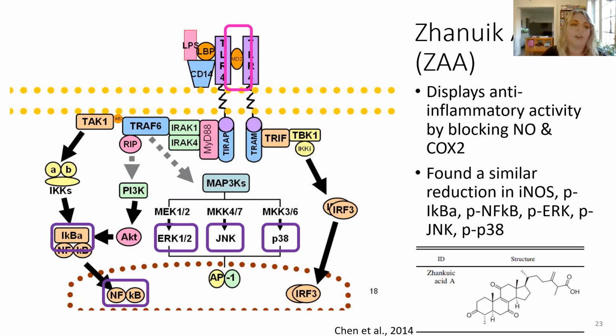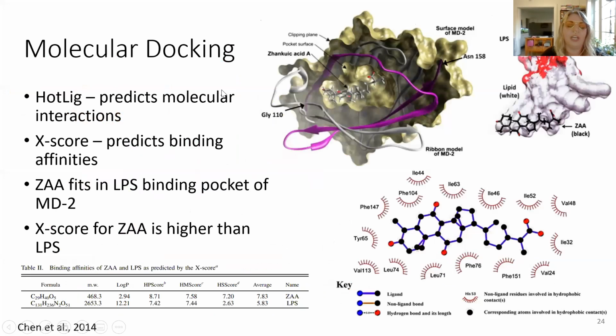And since these are all involved in the TLR4 pathway, they wanted to see if perhaps the disruption occurred up there. So they looked at MD2, which forms a complex with TLR4 and activates that pathway when it binds to LPS. And so they used a program called HotLig and XScore, which are knowledge-based scoring programs that were used to predict the molecular interactions as well as the binding affinities between ZA and MD2.